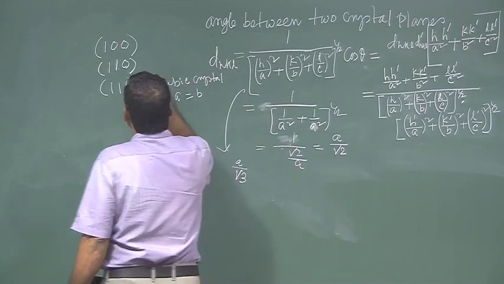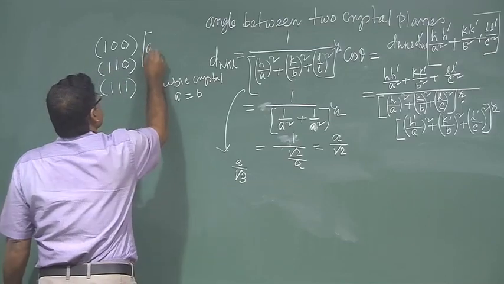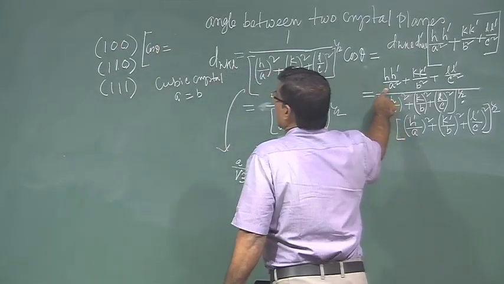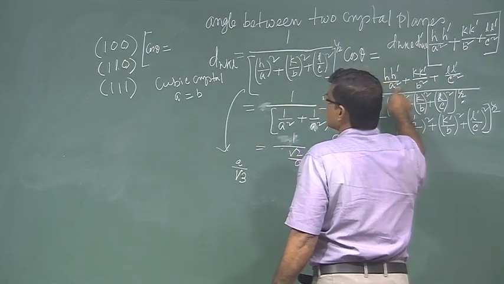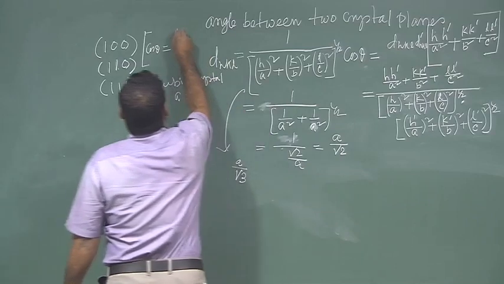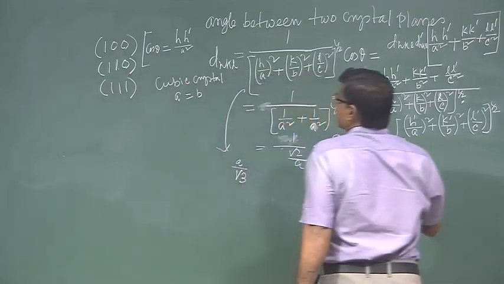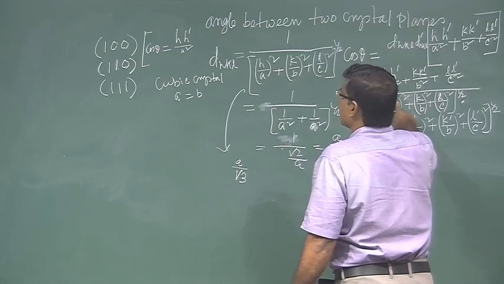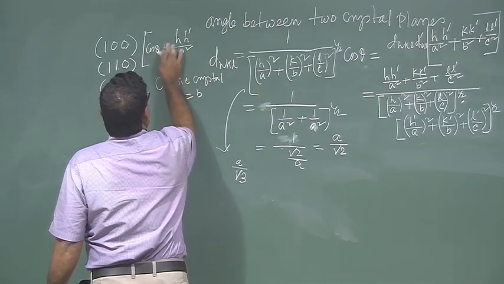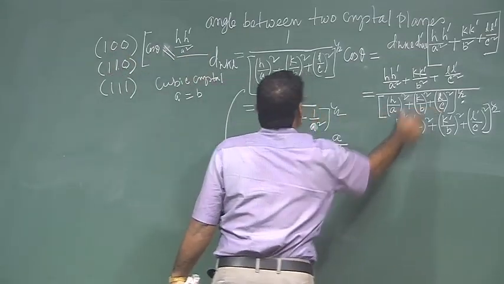And if you find out the angle between these two planes, the cos theta, you can see here only this term will exist, the others will be 0. So, basically h dash by a square, right, and here for 1 0 0, it will be the d value, d 1 0 0.